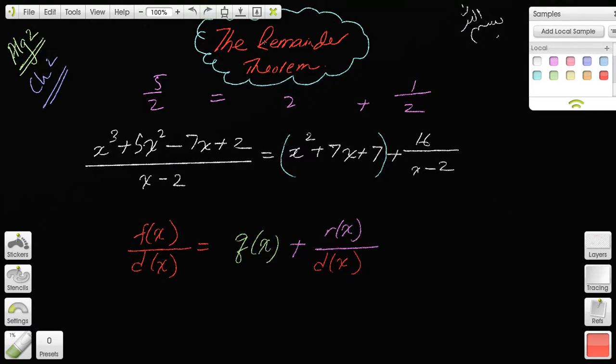Now what is the remainder theorem? The remainder theorem talks about this. Of course, it talks about the remainder.